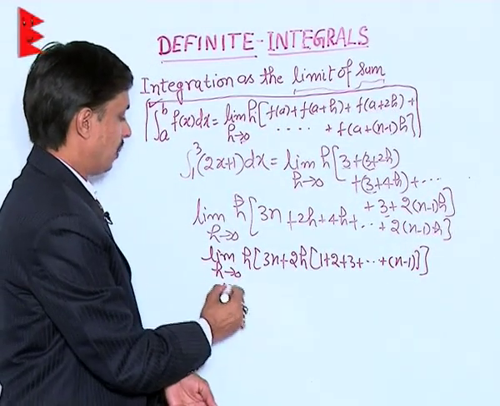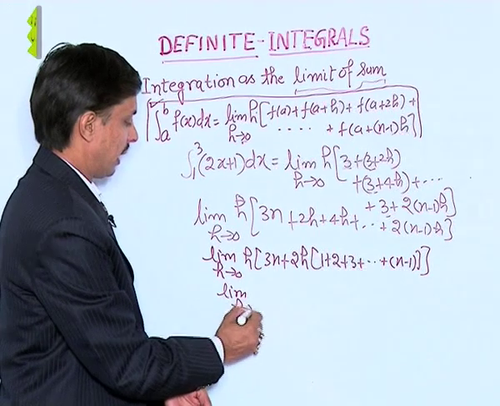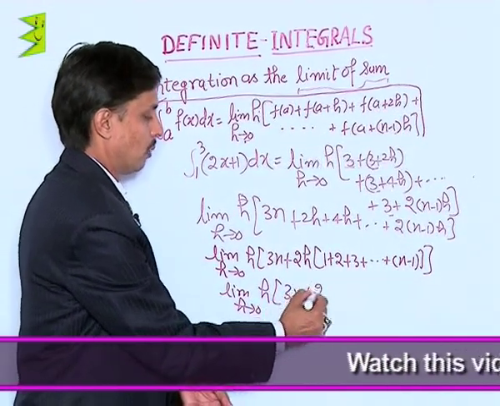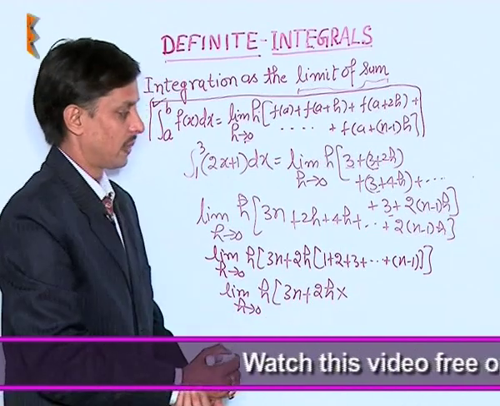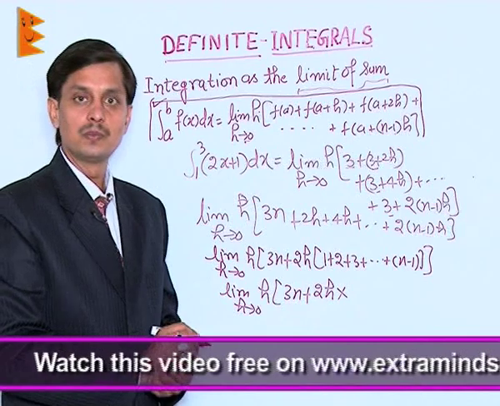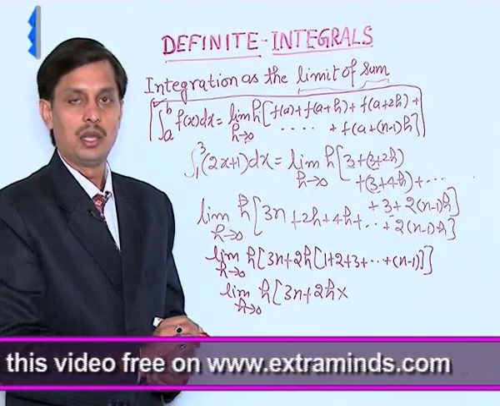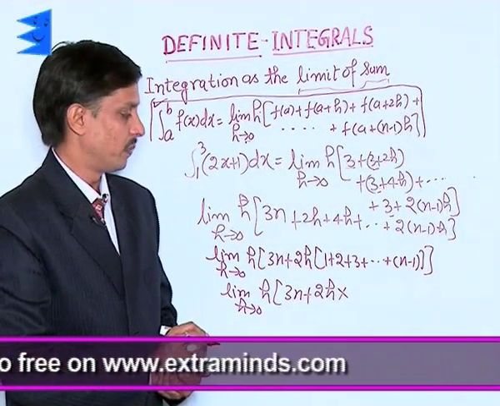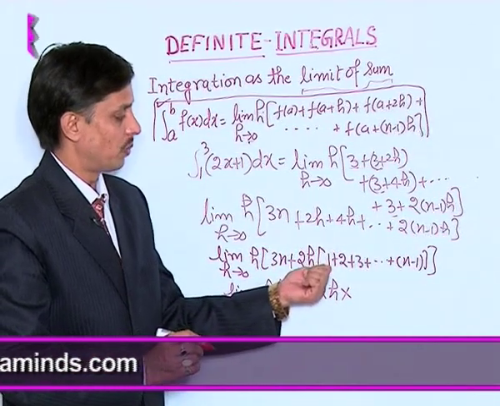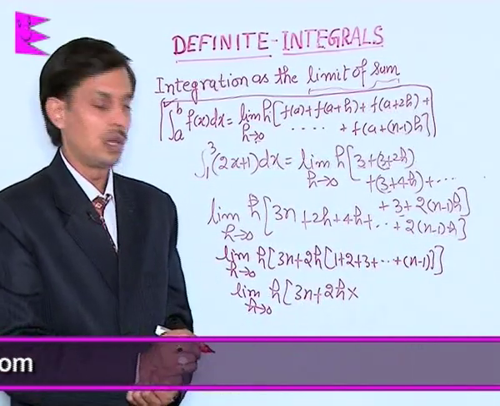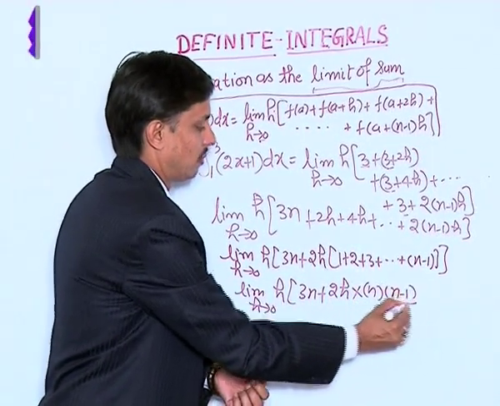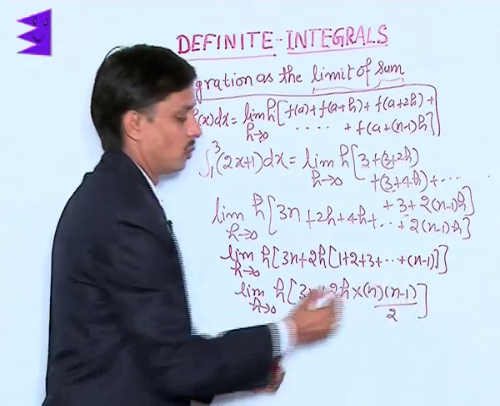So this can be written as limit h tending to 0, h times of 3n plus 2h times of. We know that the sum of 1 to n natural numbers is given by n into n plus 1 upon 2. But here we are observing it is the sum of the first n minus 1 natural numbers. So their sum is n into n minus 1 upon 2.